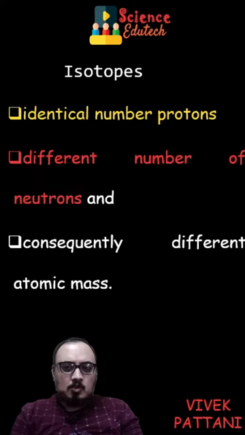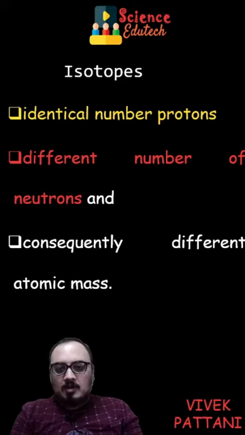So, what are isotopes? Isotopes are basically the atoms of a given element with an identical number of protons but a different number of neutrons, and therefore have the same chemical characters but different atomic mass.